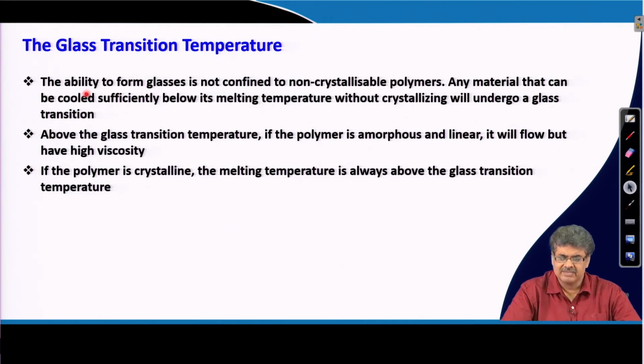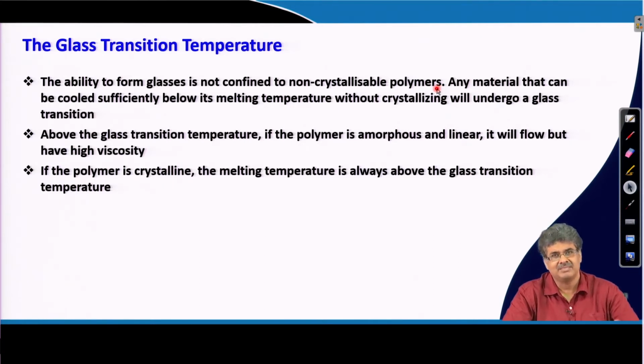So, the ability to form glasses is not confined to non-crystallizing polymers. When you talk about glass transition temperature, it is not only restricted to polymers. There are other examples where glass formation takes place, like the silica glass we typically use in our household items.